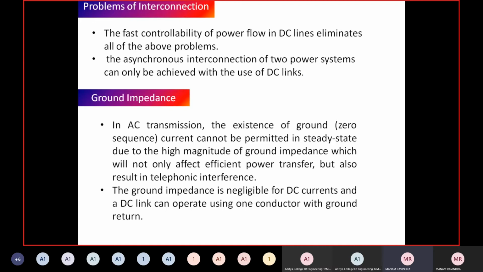The ground impedance is negligible for DC currents, whereas in case of AC it has high impedance, so the current cannot flow. These are the main problems there.